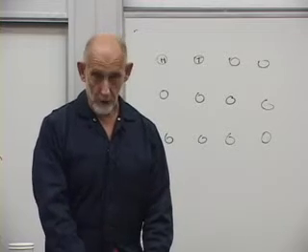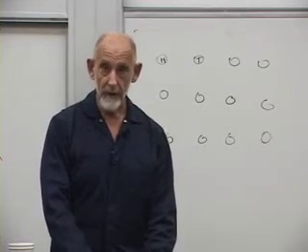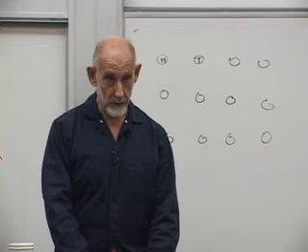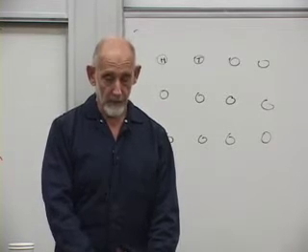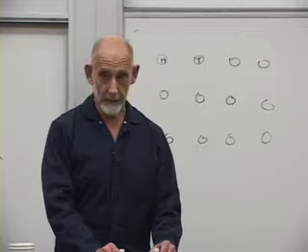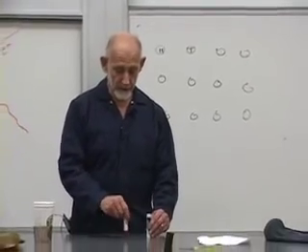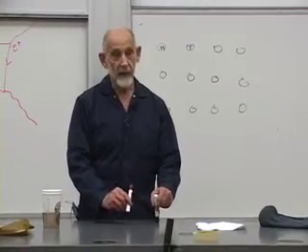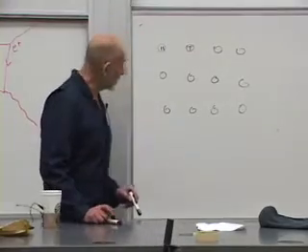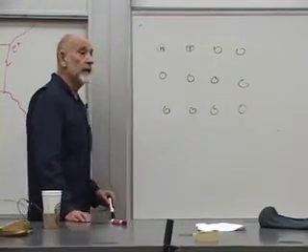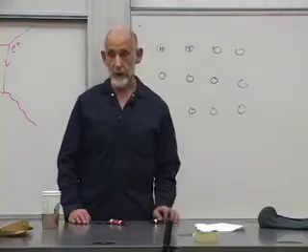If they're parallel, it costs less energy. Okay? So they like to be parallel. Energetically, they like to be parallel. But parallel can mean this way or this way. Anti-parallel can mean this way or this way. Anti-parallel costs more energy than parallel.